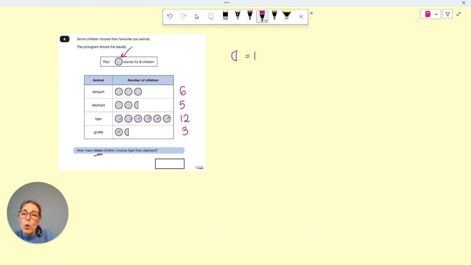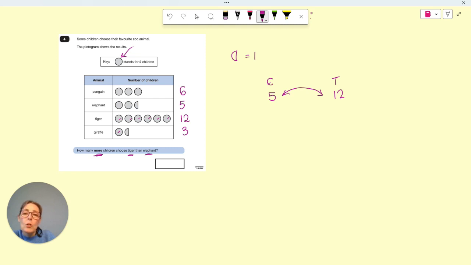How many more children choose tiger than elephant? Okay. So elephant is 5. And tiger is 12. And what's the difference between these two numbers? Elephant's 5, tiger's 12. It says tiger and elephant.